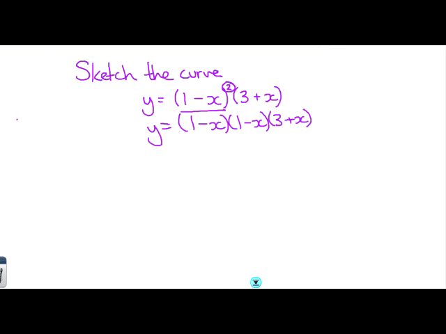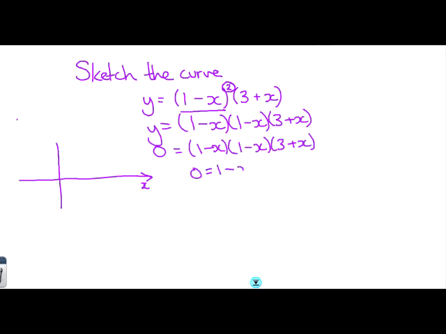So if we were to solve this, to find where it crosses the x-axis, the y-coordinate is always 0. So if you put y to 0, I'll just rewrite it all, we will get, which is technically saying 0 is equal to 1 take away x, twice, and 0 is equal to 3 plus x.